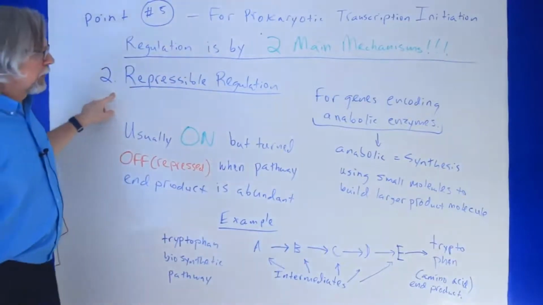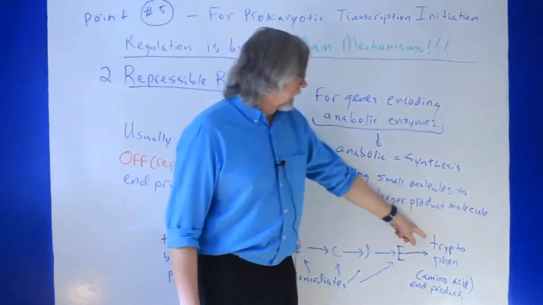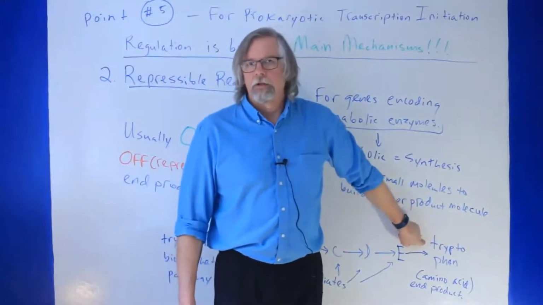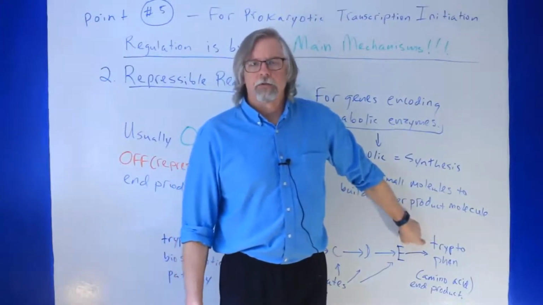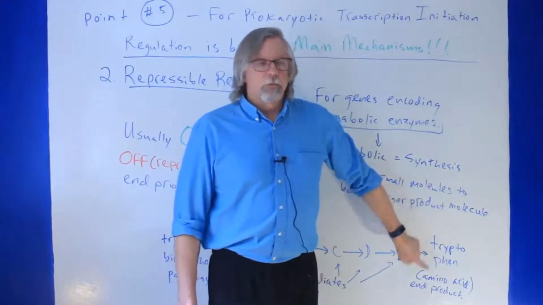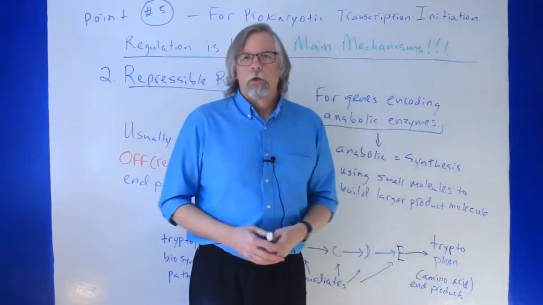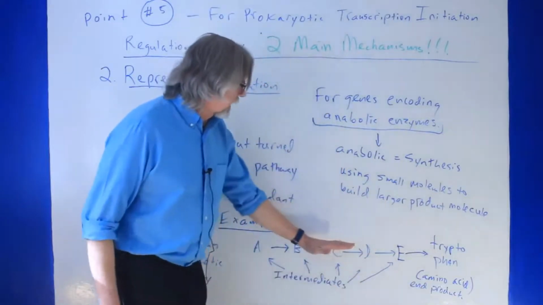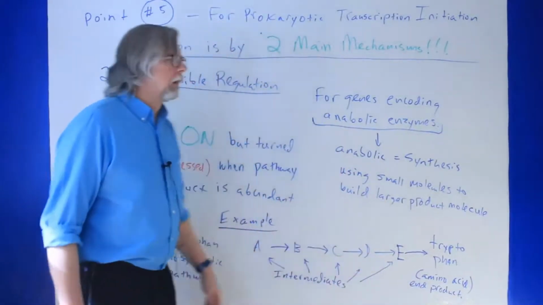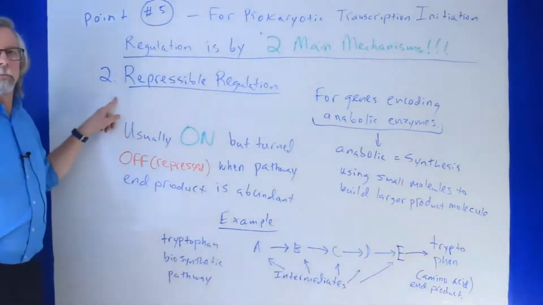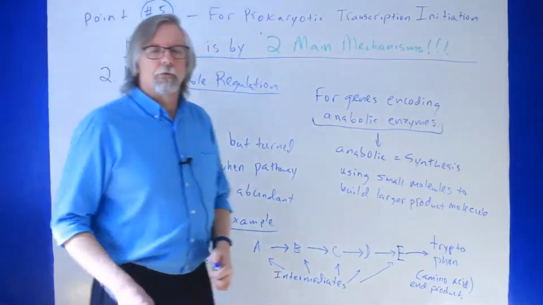So we want them to be on in order to make this amino acid if the E. coli cell needs it. However, if tryptophan is present in abundance, there's no need to make more. So these enzymes are shut down, the pathway is shut down, it is repressed by repressible regulation, okay?